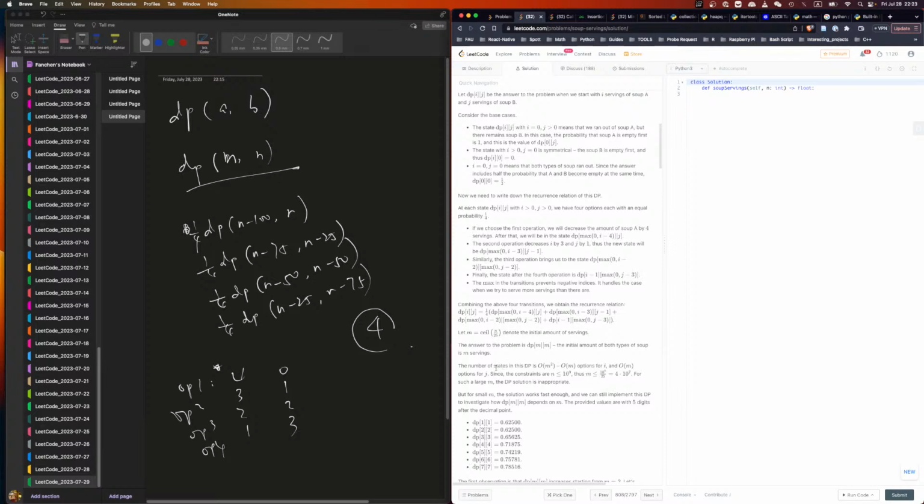The number of states is O(m squared), O(m) options for i and O(m) options for j. I don't understand why O(m) for j. Why options for i?